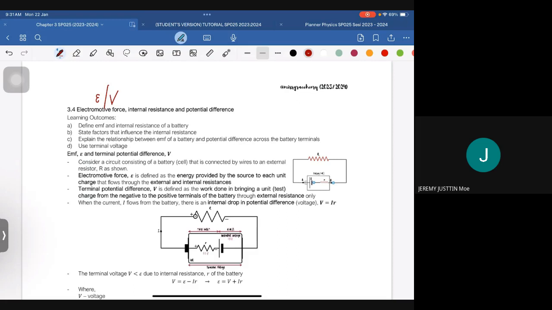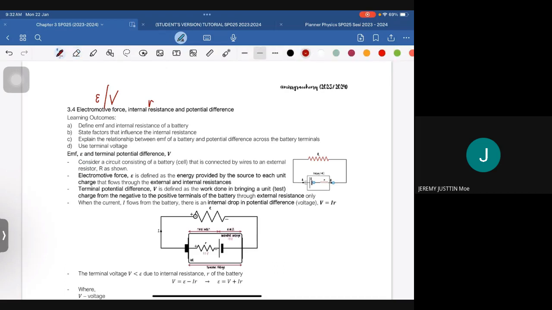And then we have internal resistance. So internal resistance is small letter r lah, lowercase r. They're different lah dengan external resistor, sebab external resistor kamu akan guna capital R. Tapi untuk internal resistance kamu mesti guna lowercase r.